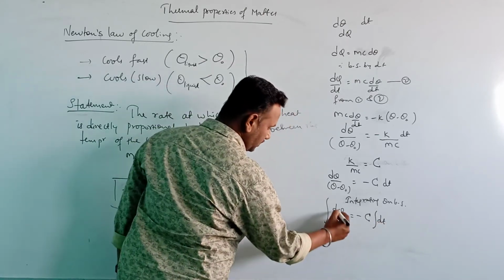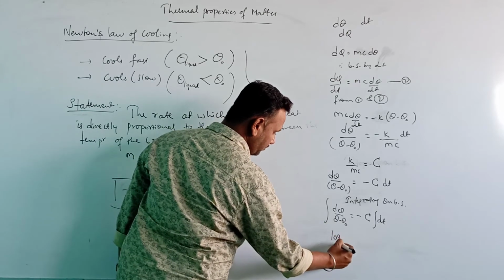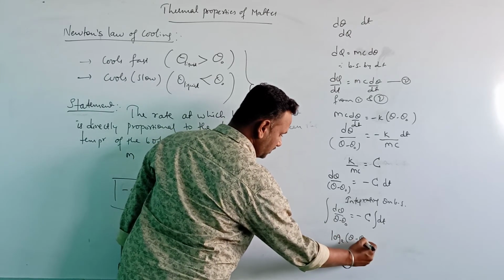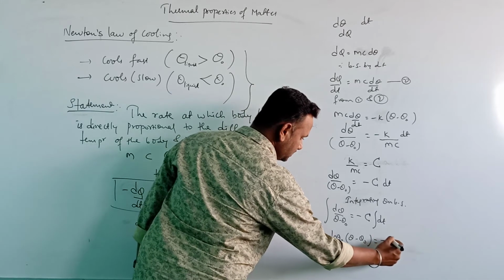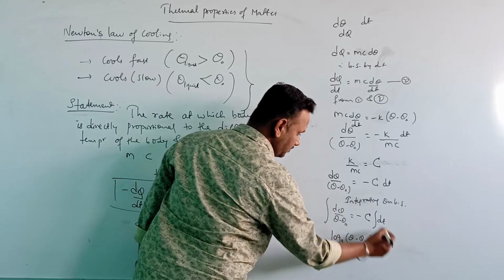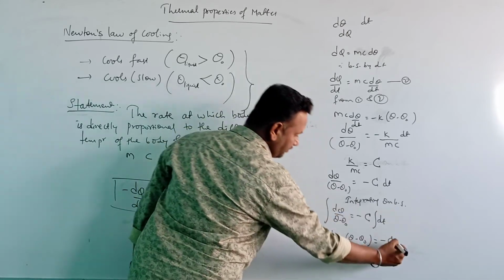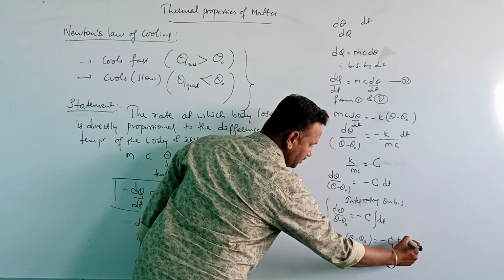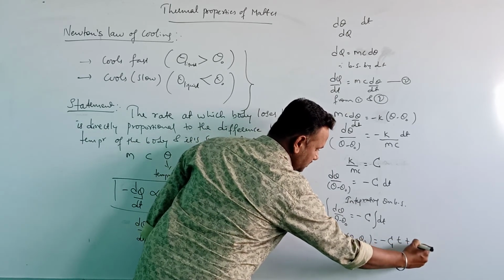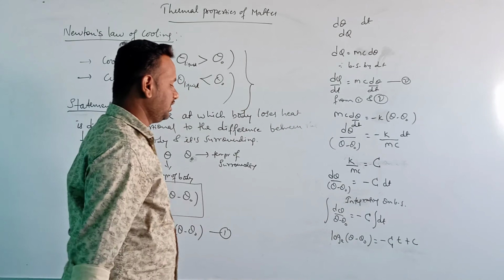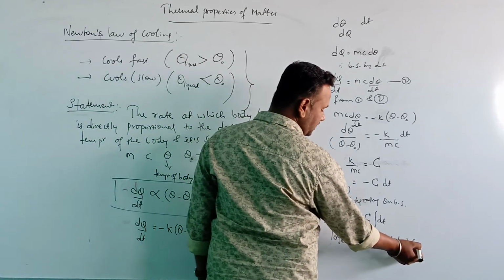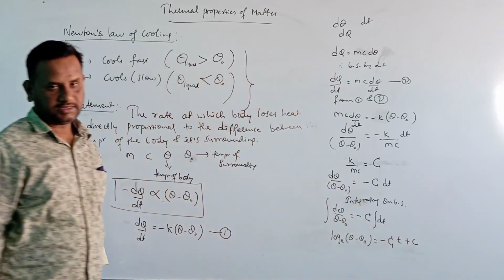It becomes log base e of theta minus theta naught is equal to minus C t plus c, where this c is taken as an integration constant.